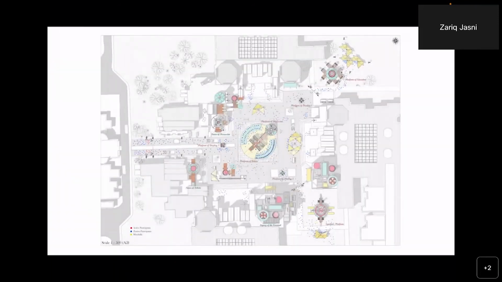So in this plan, it shows how multiple interventions at each faculty of the university could add up to a carnivalesque assembly of the space.